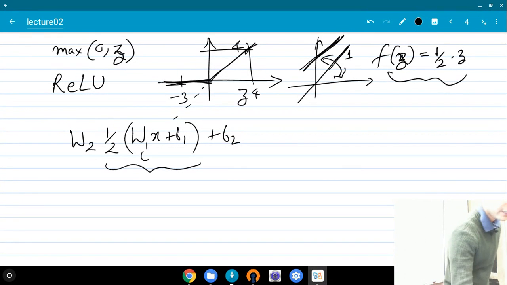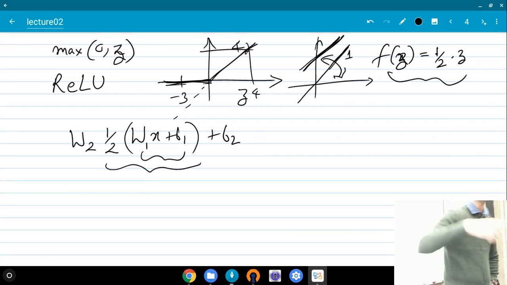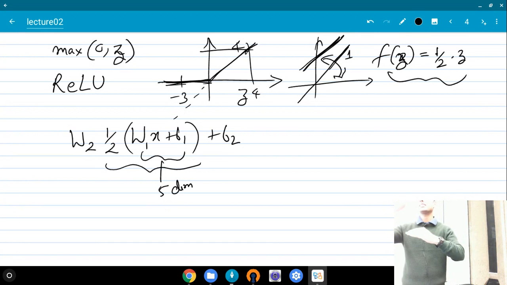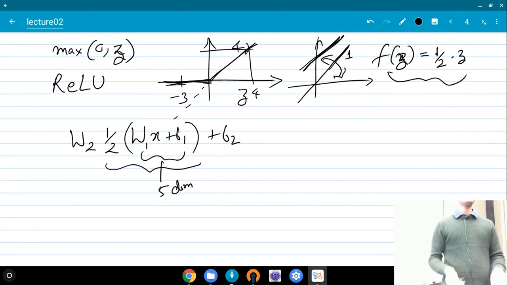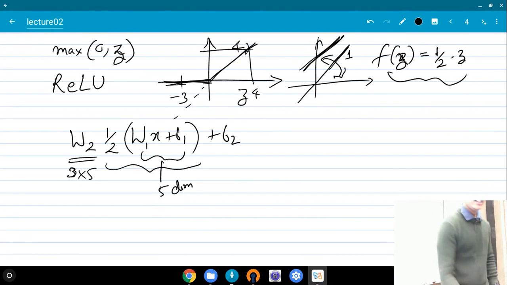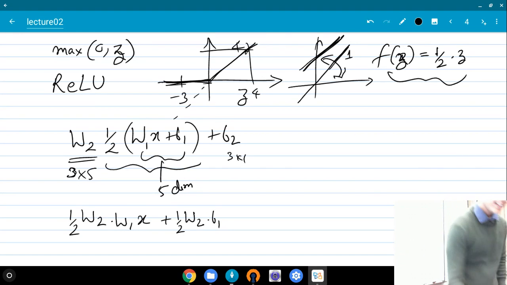The input is a vector, but you can think of it as acting element-wise. Remember we chose the number of hidden nodes to be 5, so this internal part was a 5-dimensional vector, 5 numbers, and I'm just multiplying it with 1/2. That's a linear function, and then I'm multiplying it with, let's say, a 3 cross 5 dimensional matrix here, and this is 3 cross 1. If you do this multiplication, you will see that it's just w2 times 1/2 w2 times w1 x, plus w2 times b1, I'm expanding the bracket there, plus b2.